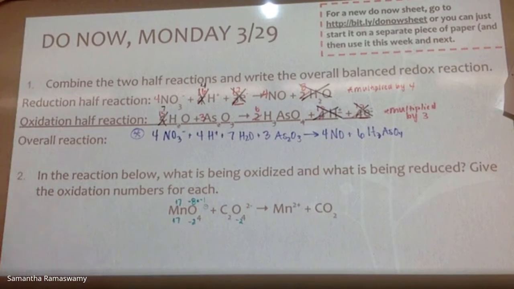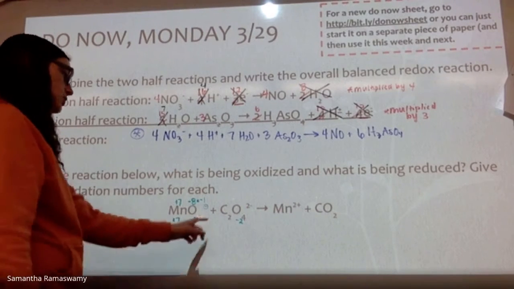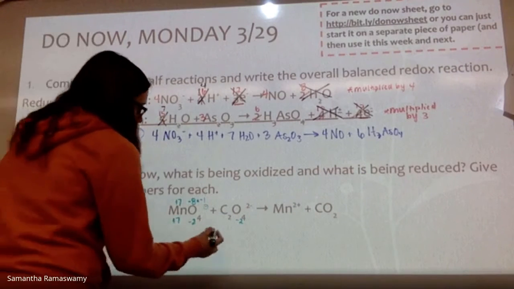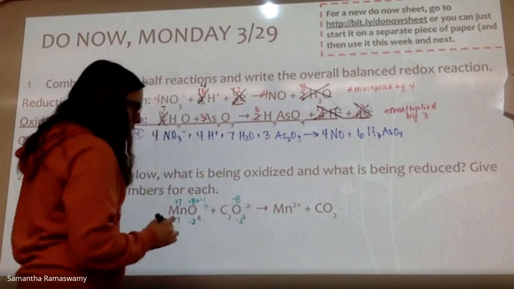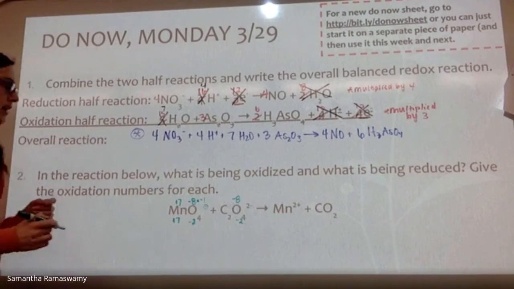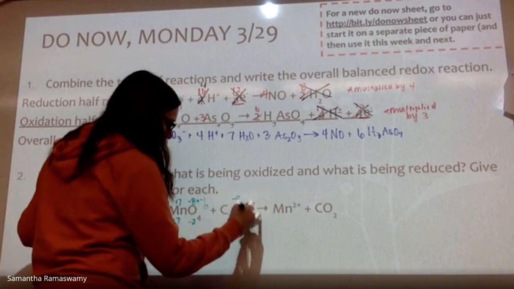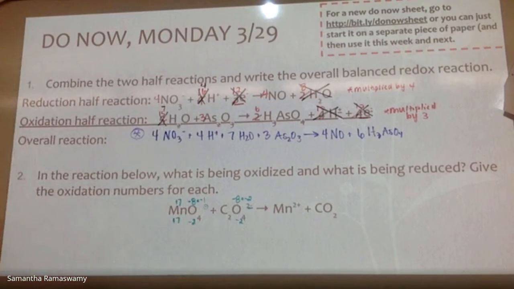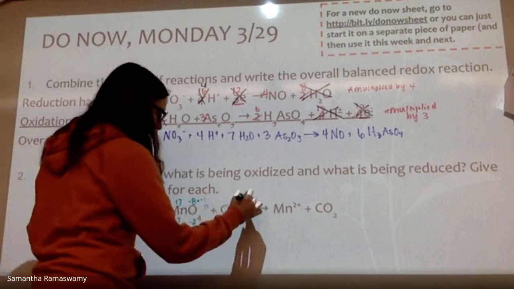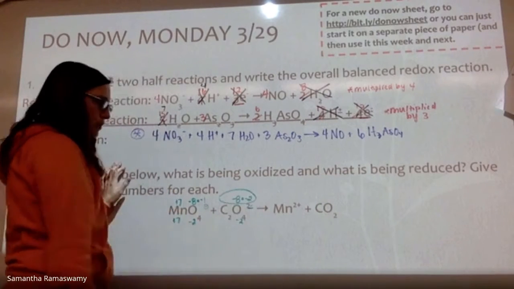Then we move on to the oxalate ion. Oxalate is C2O4 2-. So each oxygen is -2, but there are 4 of them. So all of the oxygens total are -8. Now because of this -2 charge on the polyatomic ion, all of the oxidation numbers have to add up to equal -2. So now, I want you to think, what do all of the carbons have to equal to make this entire thing -2?